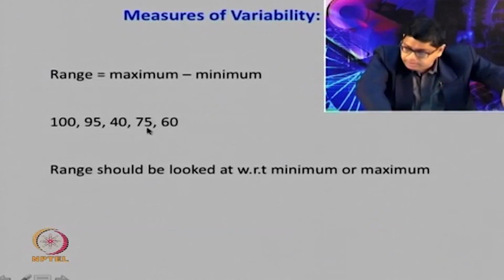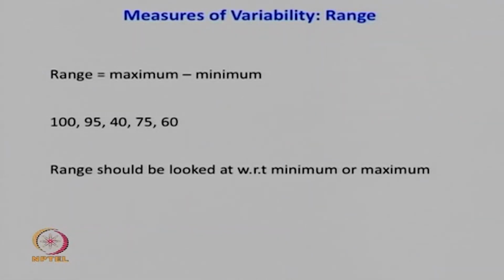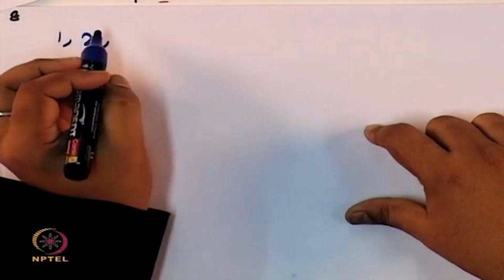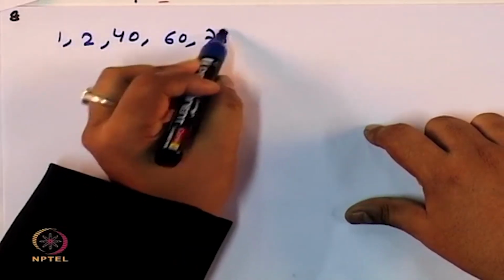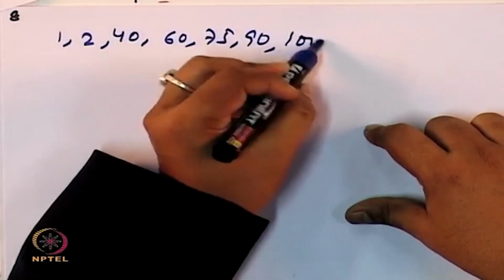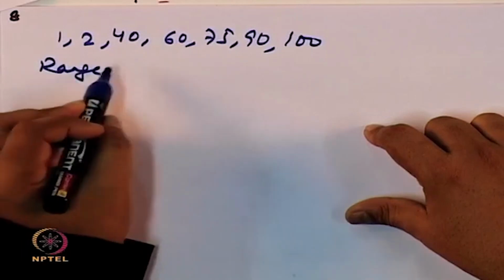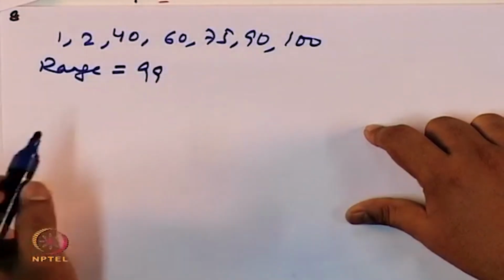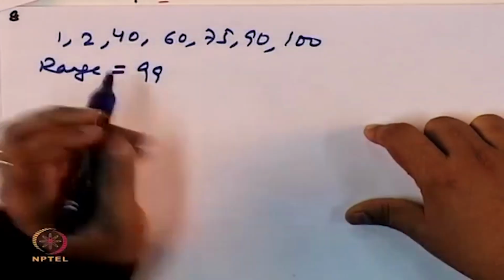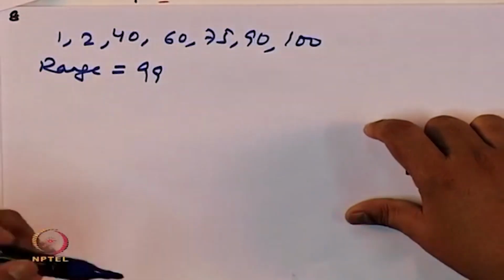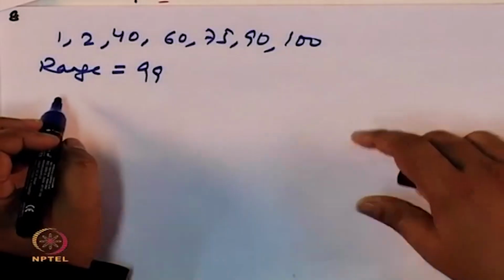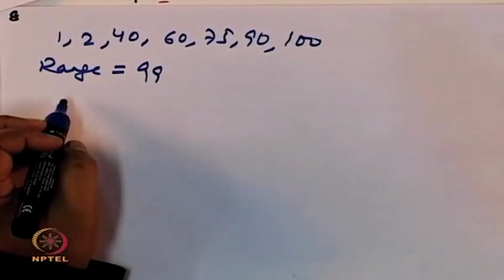For example, if I have numbers 1, 2 and then add 40, 60, 75, 90 and 100, then my range is 99, versus 60 in the other case.